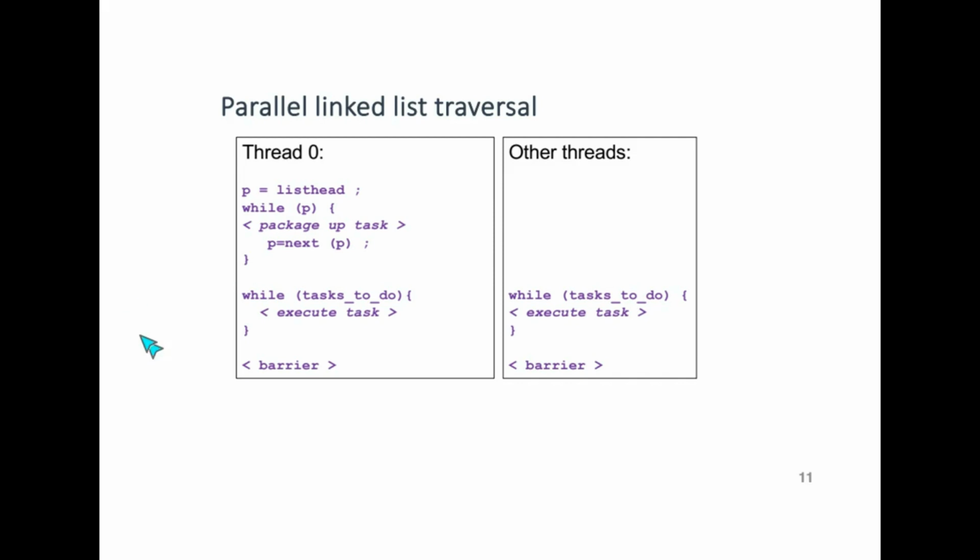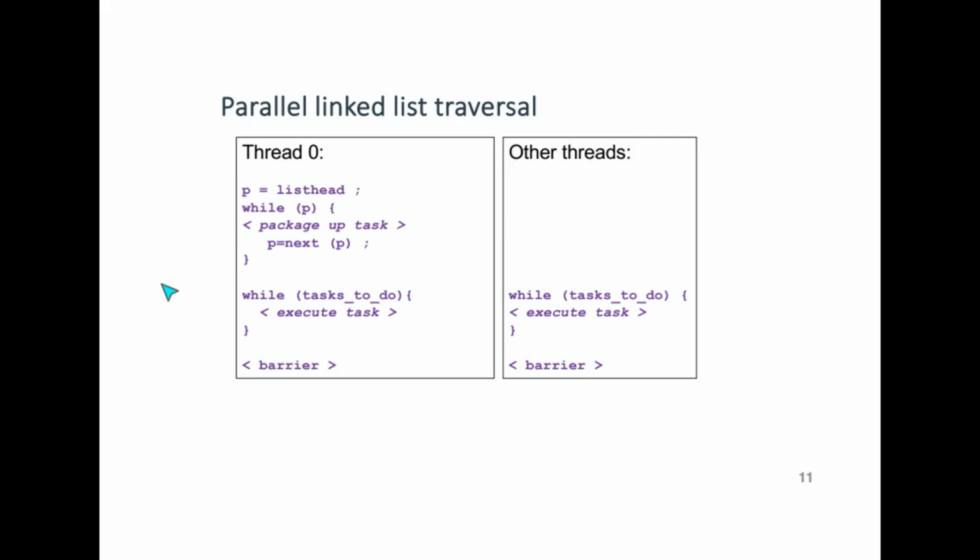Okay. So in general, again, we don't know, and the runtime is essentially in charge of swapping. This swap can happen at any point during this execution, for thread 0 to swap from generating tasks to executing them and then back to generating them again.